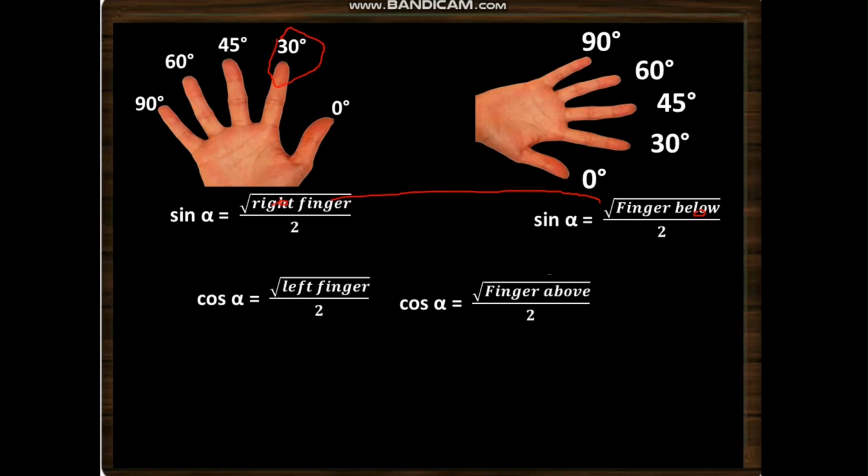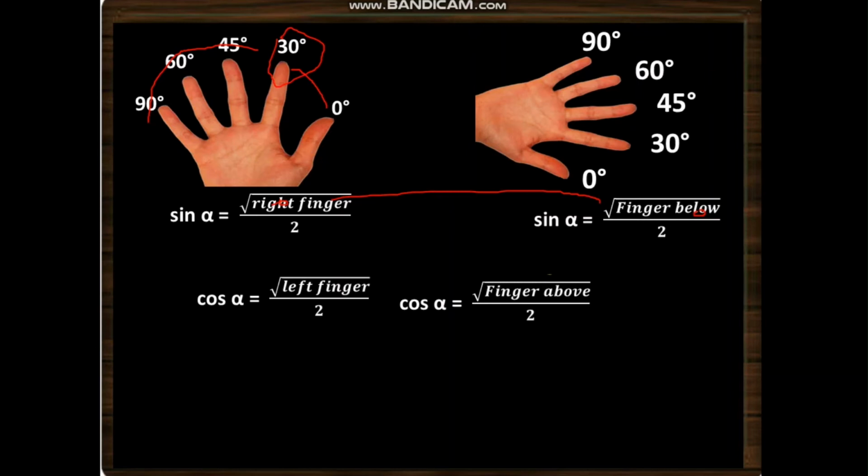This is right finger rather. This is right. This is left finger. So we have here, ilan po ba yung finger na nasa kaliwa? Ilan po sila? So we have tatlo. So our answer for cosine 30 degrees is the square root of 3 divided by 2.